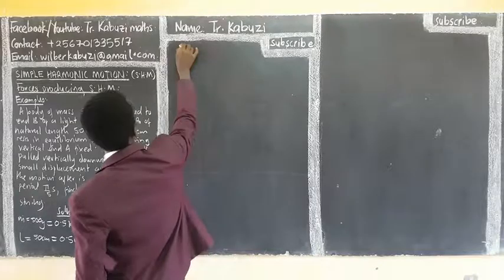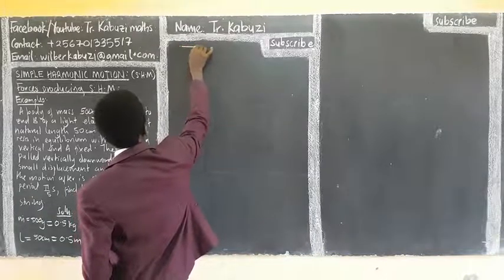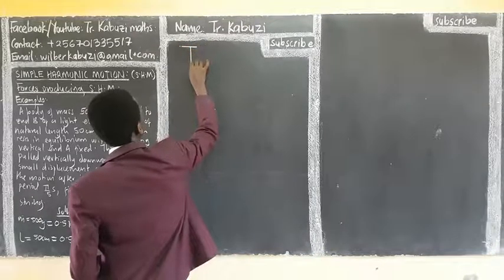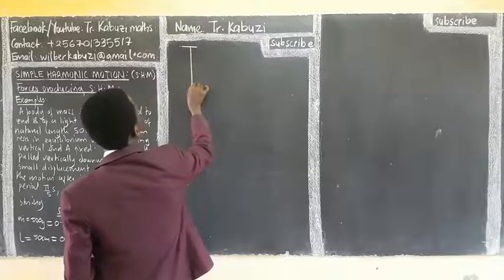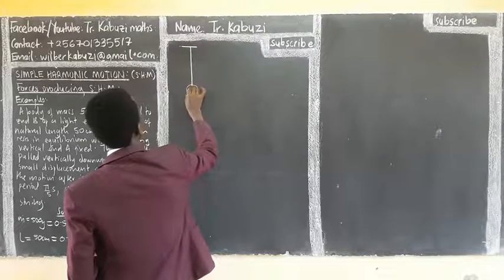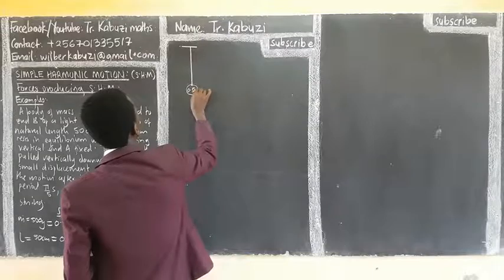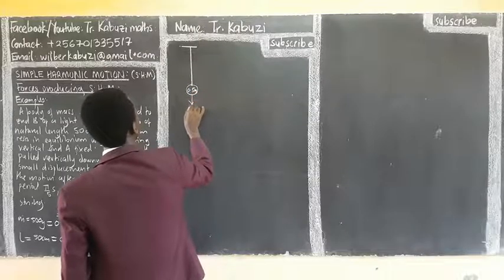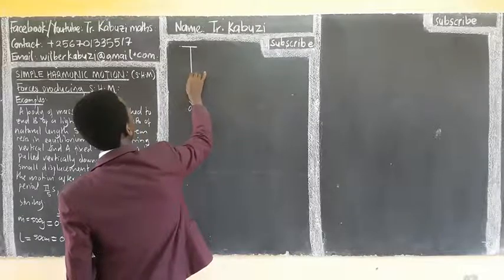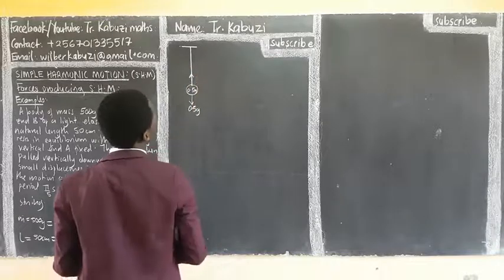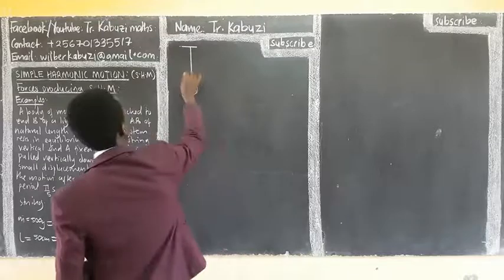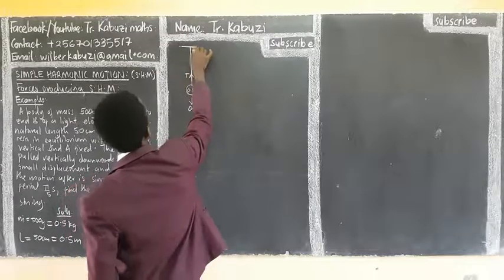For the first case, this is what we have. This is our string. We have our particle, with mass 0.5 kilograms. Of course, we have its weight, 0.5 g. We are going to have tension in this string, acting upwards.